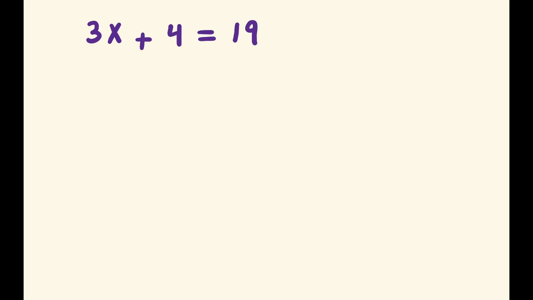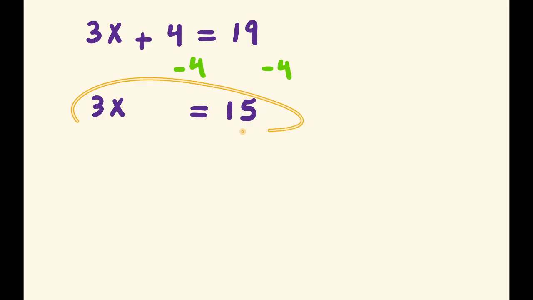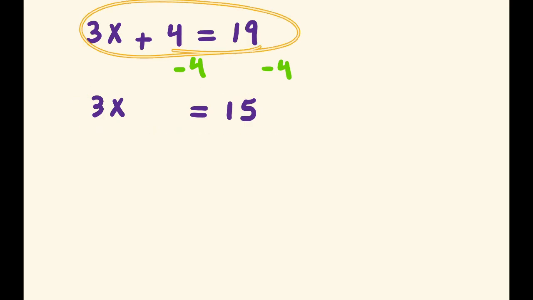So let's start by subtracting 4 from both sides. If I subtract 4 from both sides, then I have 3x equals 19 minus 4, which is 15. So the new equation that is equivalent to the previous one is 3x equals 15, and this is equivalent to 3x plus 4 equals 19.